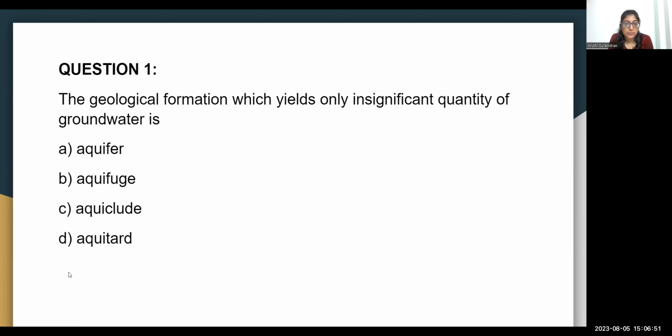Is it called an aquifer, aquifuge, aquiclude, or aquitard? Just type in whichever option seems right to you in the chat box, and then we'll go on to the solution. I'll be explaining what all the terms mean anyway, so you can try guessing too.